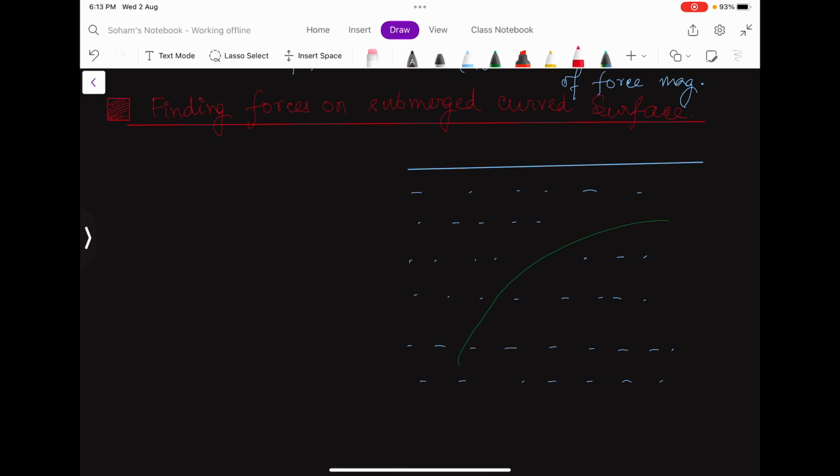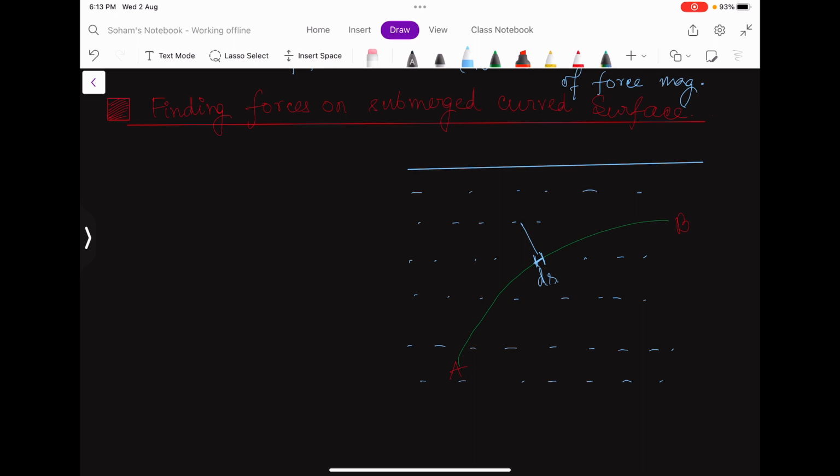So this point A and this point B. I have to find the net force on the surface AB. One option can be to just go for the integration. Take a particular segment, an elemental length, let us say this to be ds.